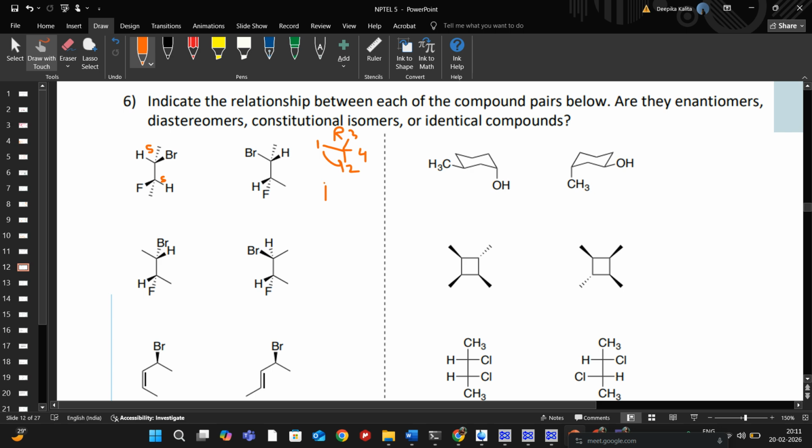And similarly, it will be second here, fourth here, third here, and first here, and third here.